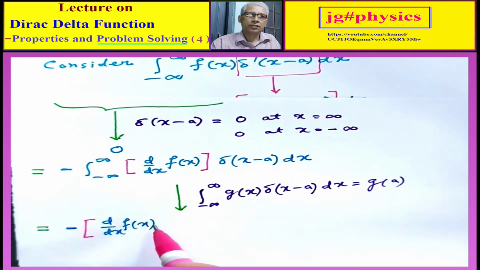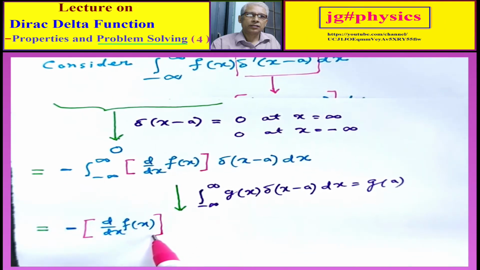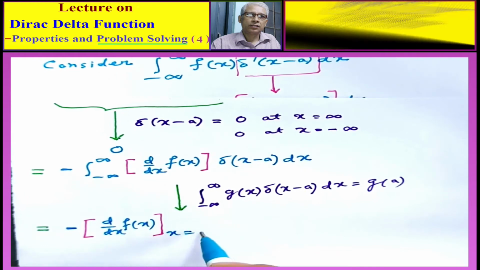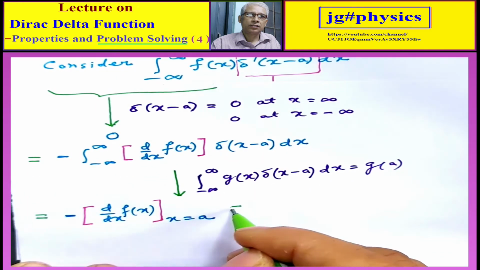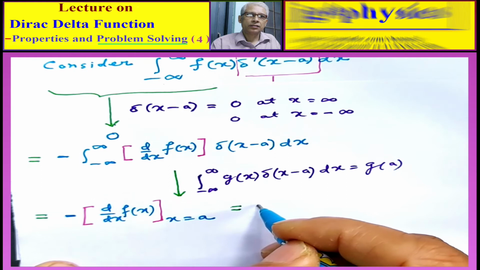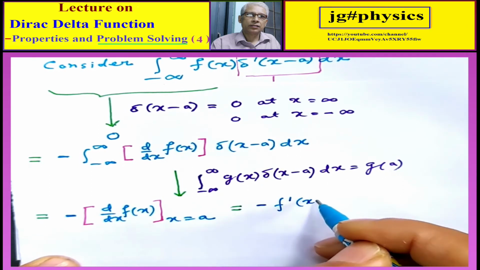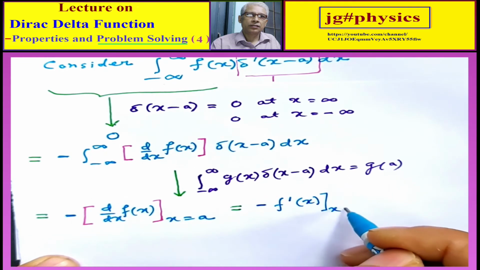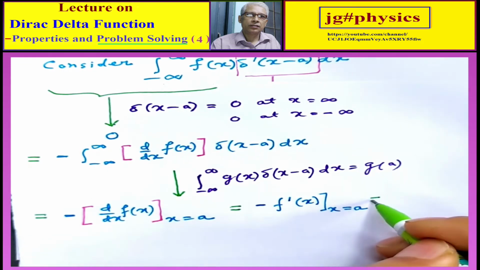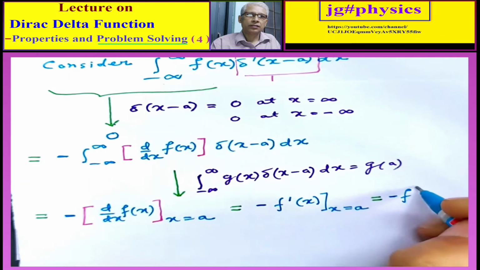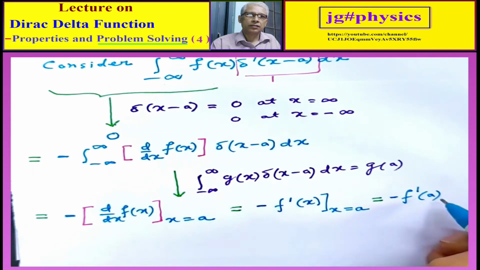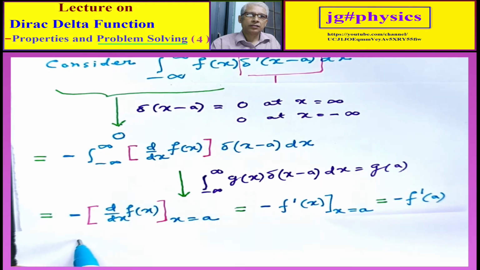So the answer will be ddx of f of x evaluated at x equal to a. So it obviously is minus f dashed x at x equal to a, that is minus f dashed a. So let us write the result clearly.